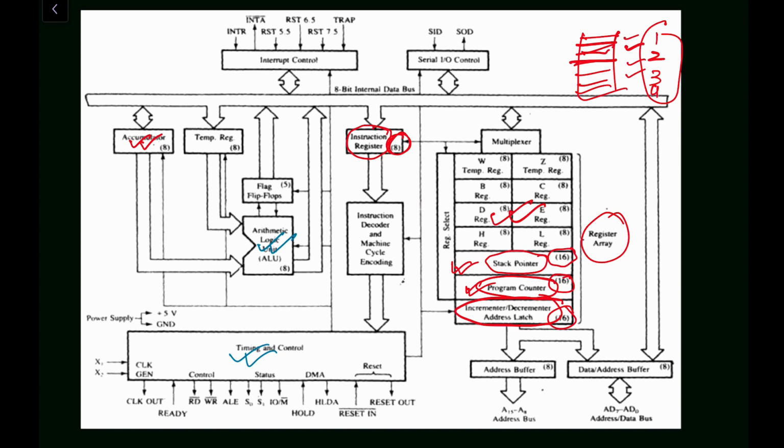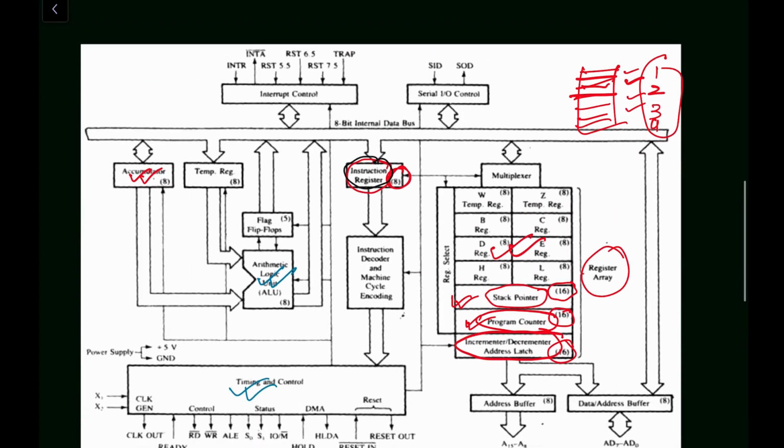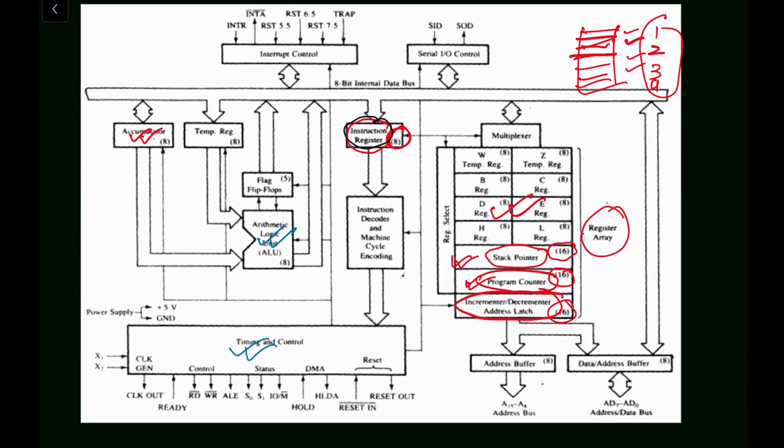Now let me use another color. This instruction register is also important. It holds the opcode, that is the operation code or the instruction code. Opcode means, suppose, ADD R. I have already shown you in the previous part of this video that the opcode means the operation that is going to be performed.